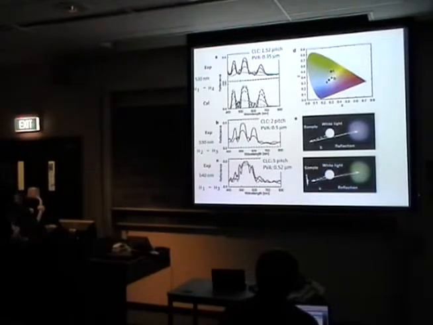So let me show you the comparison between the experiment and calculation. So this is the result. In this case, we use cholesteric liquid crystal with 1.5 pitch, and the thickness of PVA is 0.35 micrometer.